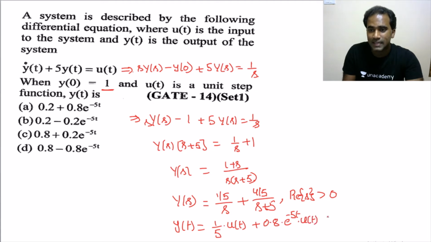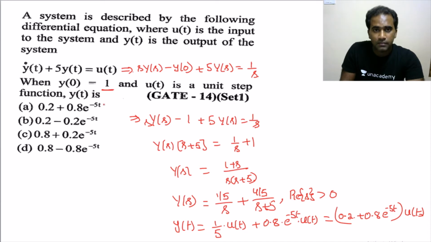This is the exact answer, but 1 by 5 can be written as 0.2, so it is 0.2 plus 0.8 times e power minus 5t into u of t. Sometimes they don't give u of t in the answers because they assume the output is causal.